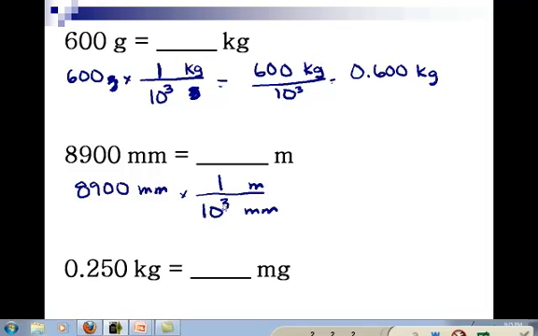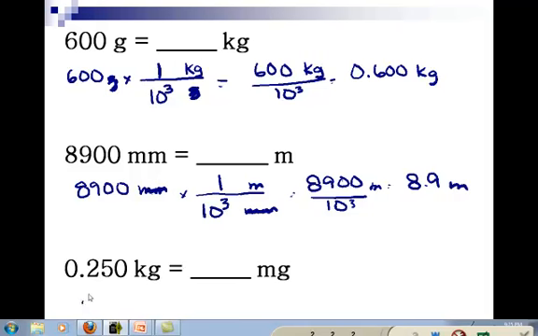This exponent always remains positive. My millimeters cancel out, and I have 8,900 divided by 10 to the third meters, which becomes 8.9 meters. Do you have to go through this every time? No, once you get this part, if you get right to 8.9, I can see what you're doing.